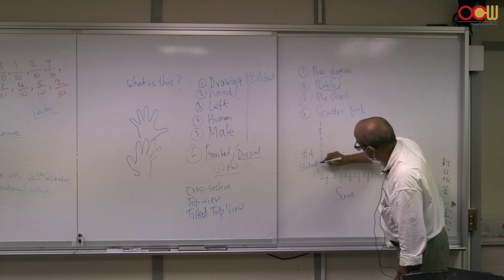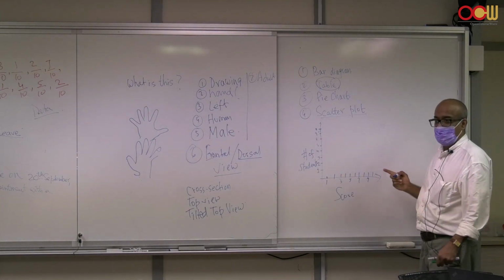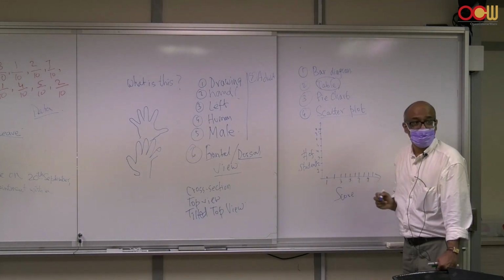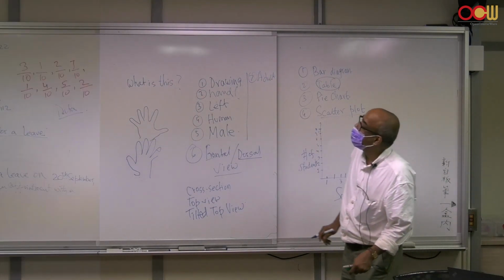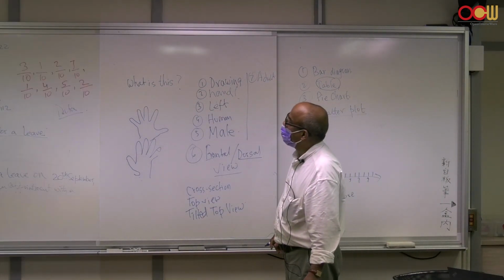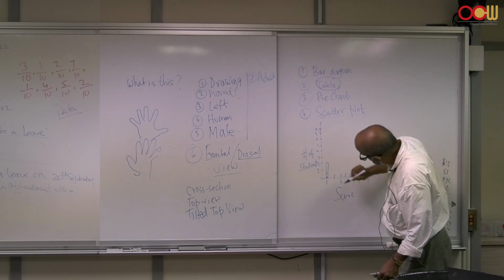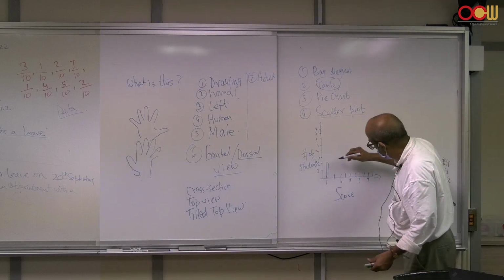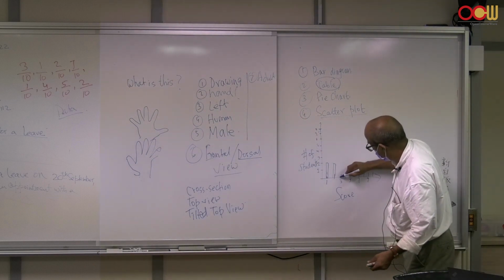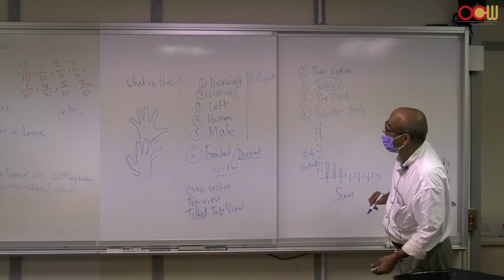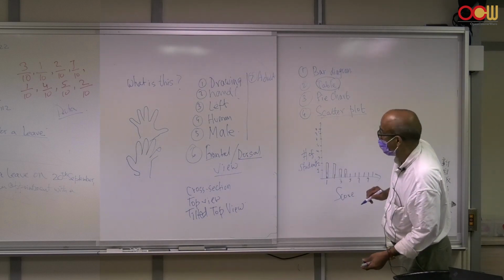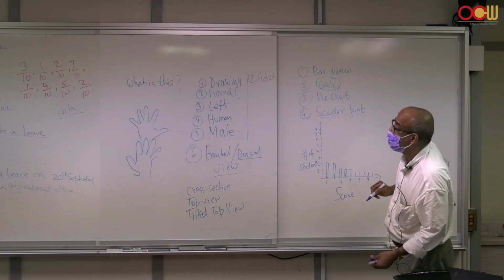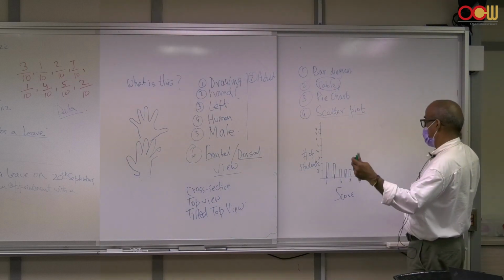If I do this, how will it look like? Score is 1, 2 people. Score 2, 2 people. Score 3 is 1. Anybody score 4? Okay, 1. Score 5 is 1. 6, nobody. 7. And then it's like this.